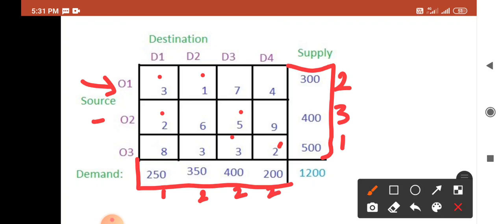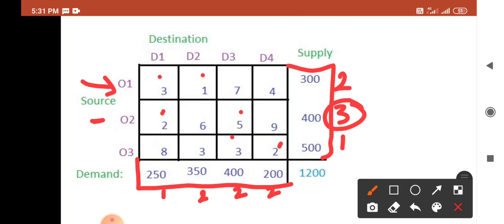These differences are called penalties, and among them we select the highest. 3 is the highest, and it belongs to the second row. We find the least cost in the row which has the highest penalty, which is 2.